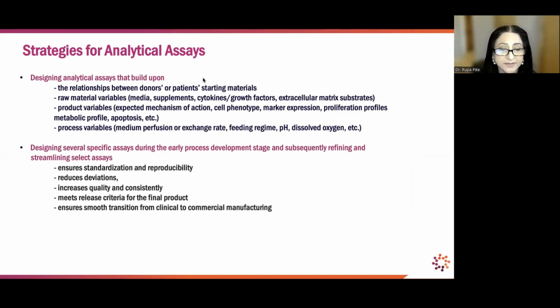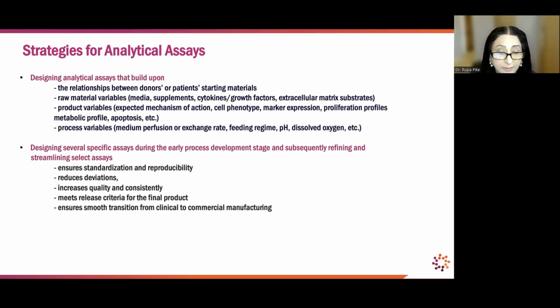In case of cell therapies, it is vital to develop analytical assays that build upon the relationship between donors or patients starting material, donors in case of allogenic, patients in case of autologous, and then raw materials, variables such as media supplements, cytokines, growth factors, extracellular matrix substrates, product variables that include expected mechanism of action, understanding of the cell phenotype, marker expression of the cells, proliferation profiles, metabolic profiles, apoptosis, exhaustion, all of these criteria.